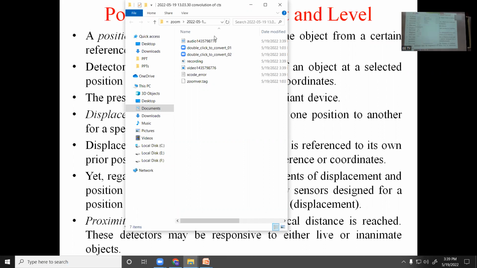So there is no difference between a position type of sensor and a displacement type of sensor regardless of reference point; the only difference is the reference point.